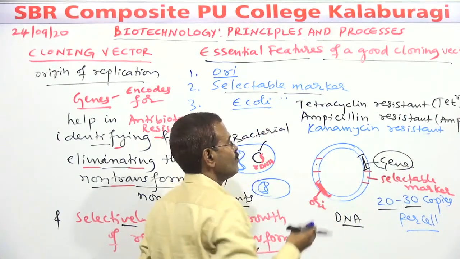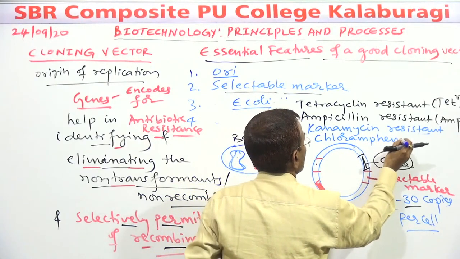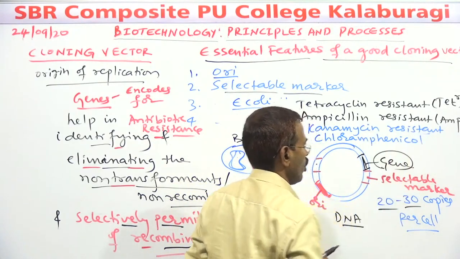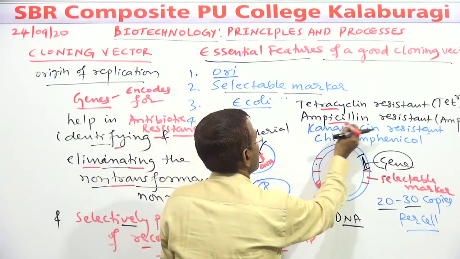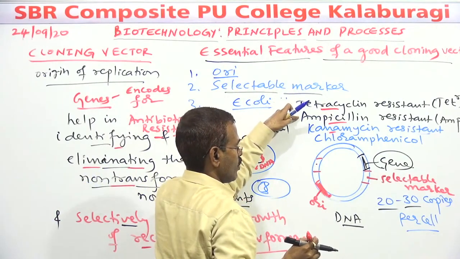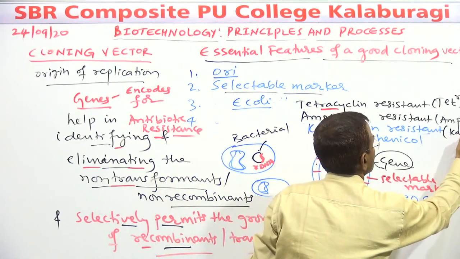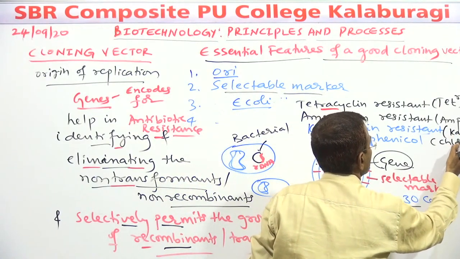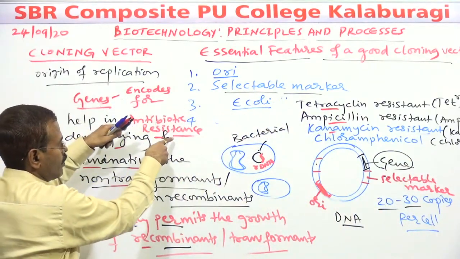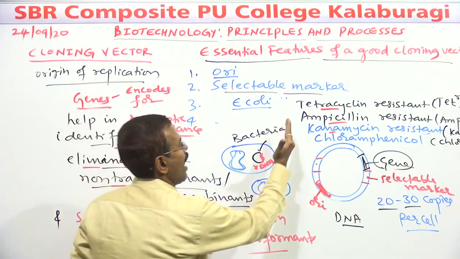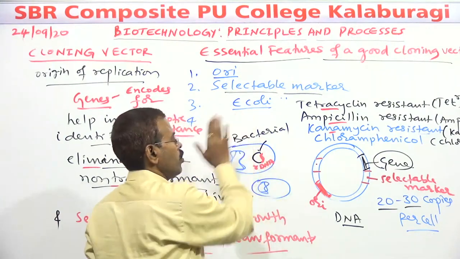Kanamycin resistant, then chloramphenicol resistant gene. So these are all antibiotics, remember. Tetracycline, ampicillin, kanamycin, chloramphenicol. These are all antibiotics. So selectable markers are the genes which can code for antibiotic resistance. The normally used host cell is E. coli.